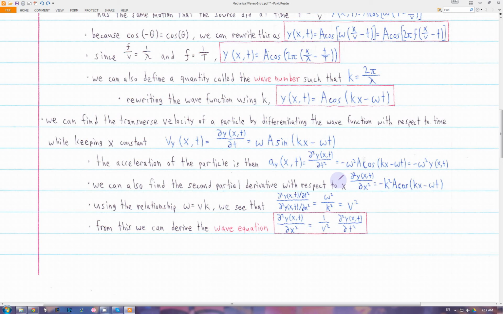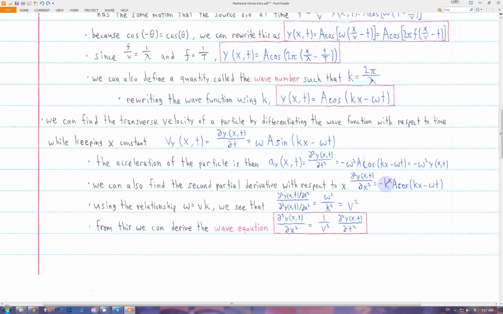And then we can also find the partial derivatives with respect to x instead of with respect to t. So those would represent the slope of the particle's path and the curvature or concavity of its path also.